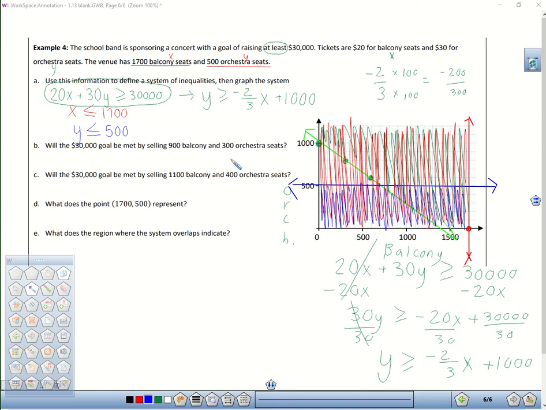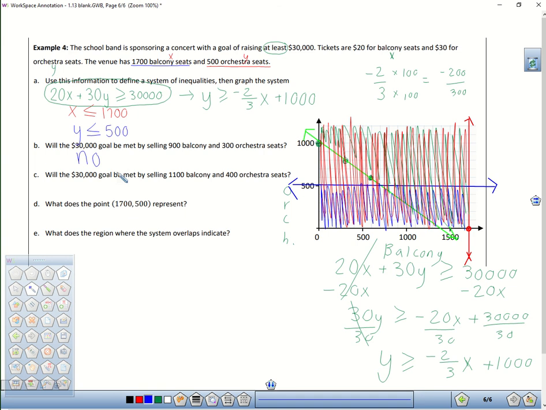So we go over and see, would that fall in the region where you make over $30,000? You fall right here. No, because it's not in the region that the green is also shaded, so the answer is no. You wouldn't hit max capacity in your seats, but you also wouldn't make enough money, so that doesn't work.